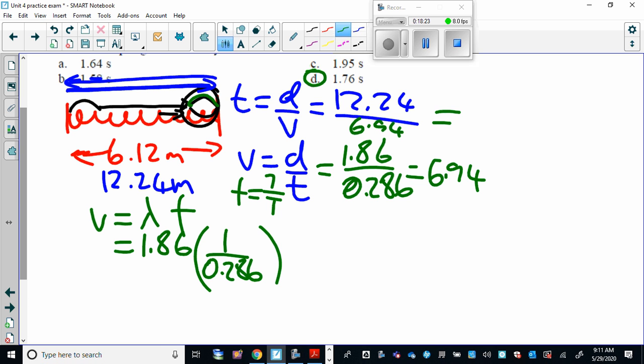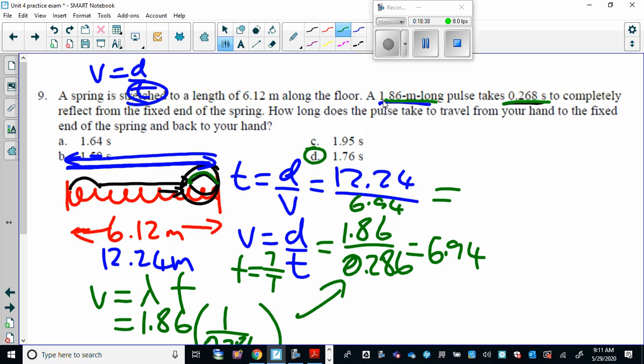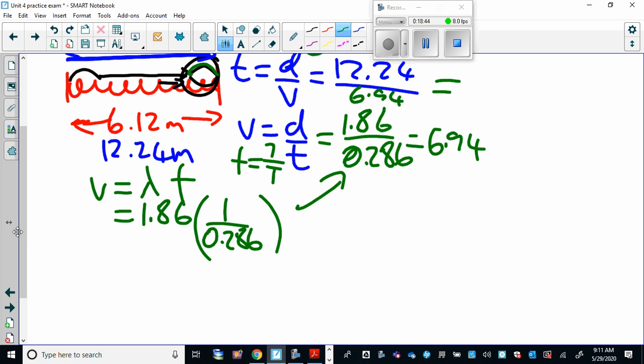And you see how you end up getting the same thing as you did over there. So whatever way works for you in your head, use that method. Personally, I just like V equals D over T, because as long as I understand that this is the wavelength or the distance, and this is the period or just the time, then I'm gold. Okay, that's a long video. We'll stop here and go on to part 2.